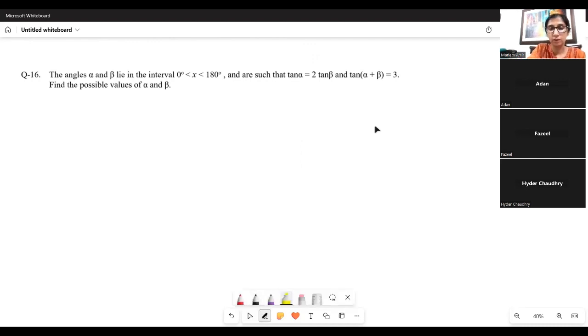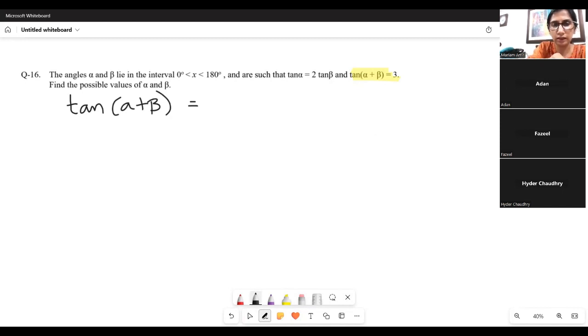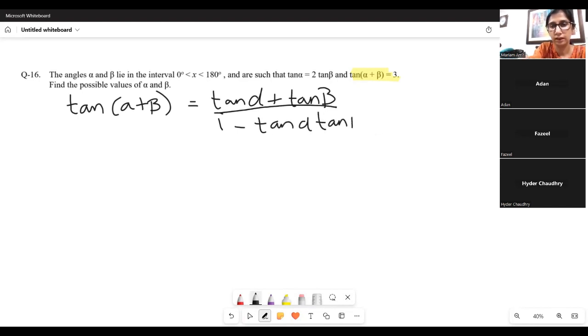So we'll start by expanding this compound angle using the compound angle identity. Tan of alpha plus beta is tan alpha plus tan beta upon 1 minus tan alpha tan beta, and it is equal to 3.